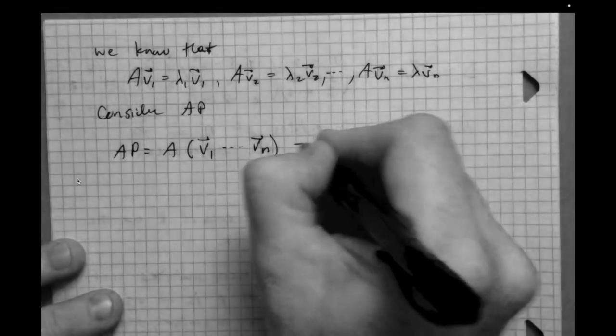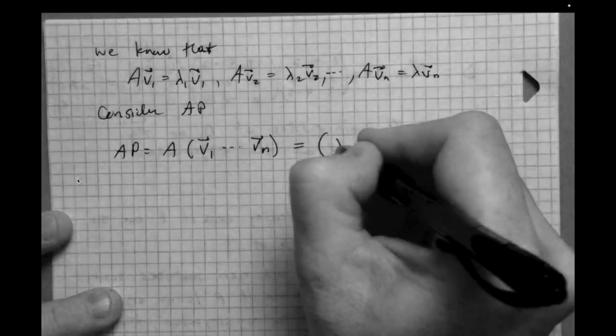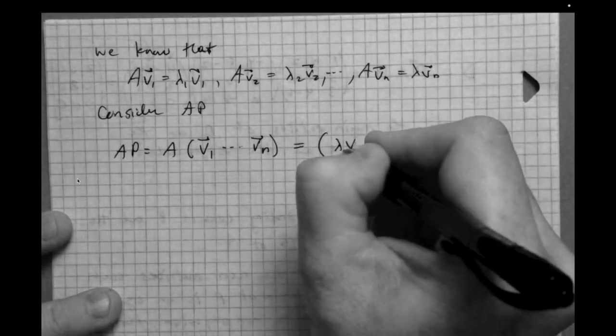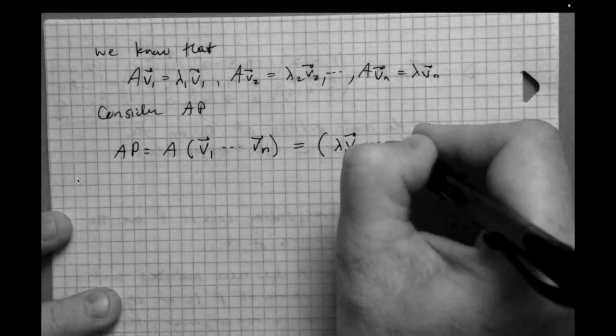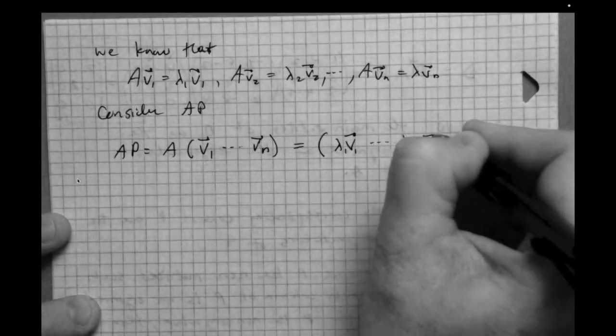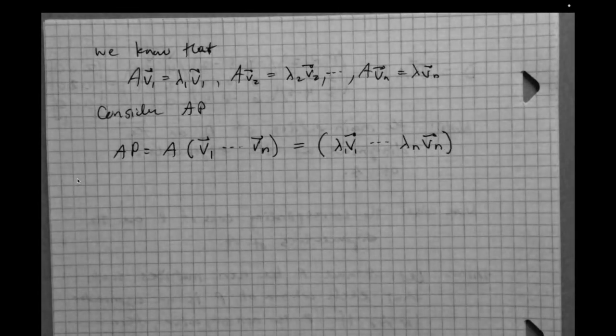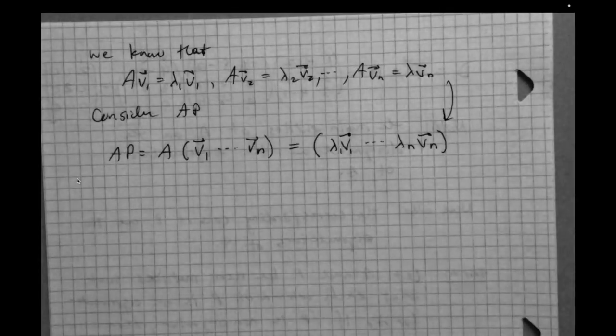And that's equal to the matrix that looks like this: lambda 1 V1 ... lambda n Vn. This follows directly from what we previously stated.